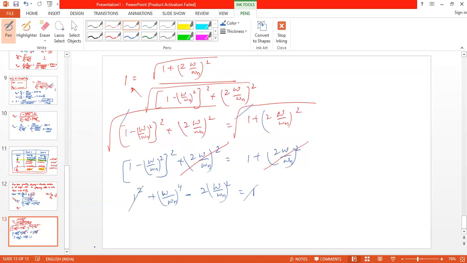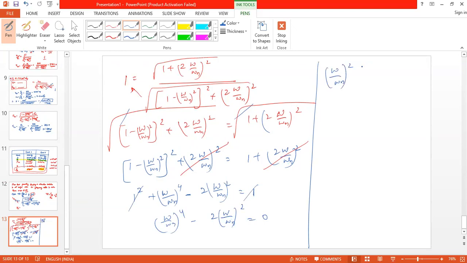The 1 will get cancelled. Then I can take out (omega by omega n) whole square as common.